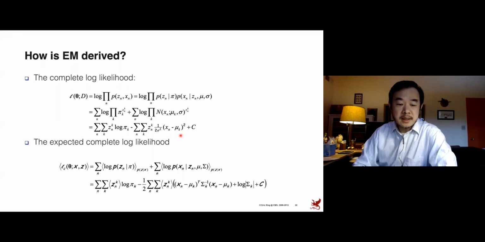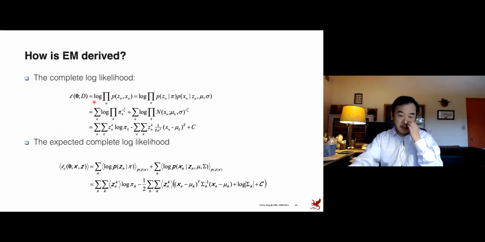Now let's see what will happen if Z is not a constant, but an unobserved variable. Well, you can turn this whole thing into a deterministic quantity by removing the randomness. One way of removing the randomness is to take the expectation of this random complete likelihood with some distribution over what is random, say the Z.